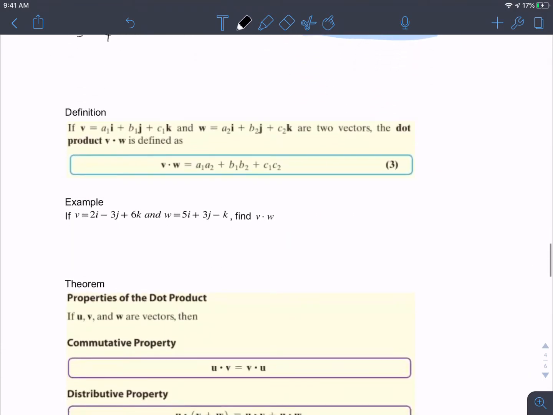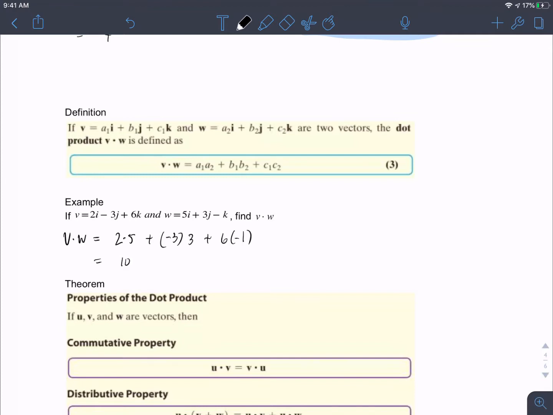Here's a definition for us, and it's the dot product. And we notice that the dot product, what it's doing is it takes the i components and multiplies them, plus the j components and multiplies them, plus the k components and multiplies them. So here's a quick example. So v dot w is going to be 2 times 5 plus a negative 3 times 3 plus 6 times a negative 1.